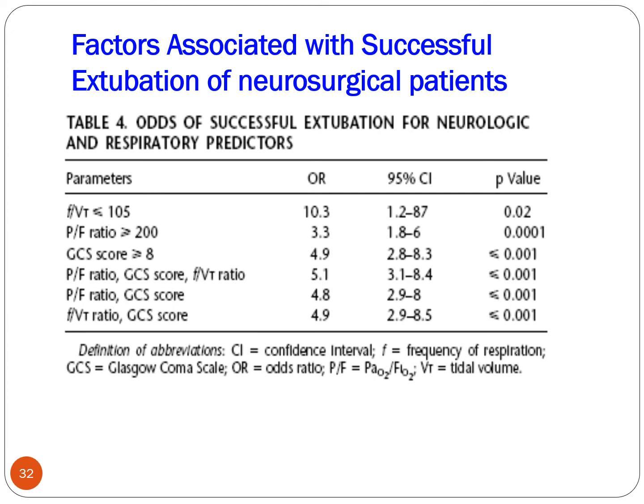And some of the key findings were this. If your rapid shallow breathing index was less than 105, this was a great sign that you would have a successful extubation. If the PF ratio, that's your PaO2 over FiO2, was greater than 200, that was a great reason. If your Glasgow Coma Scale was greater than 8, that's a good reason.